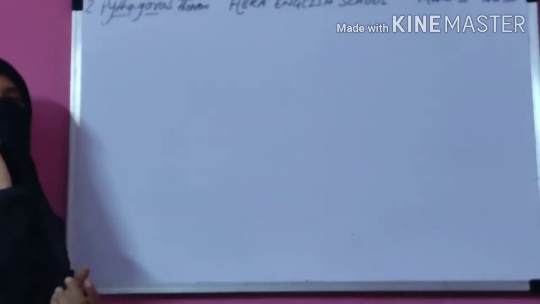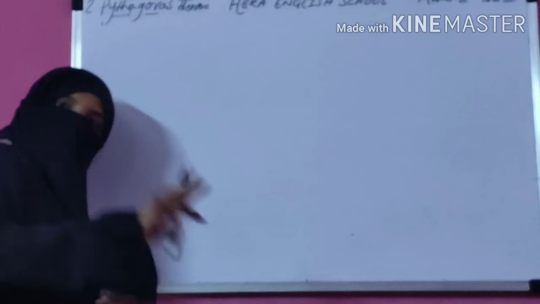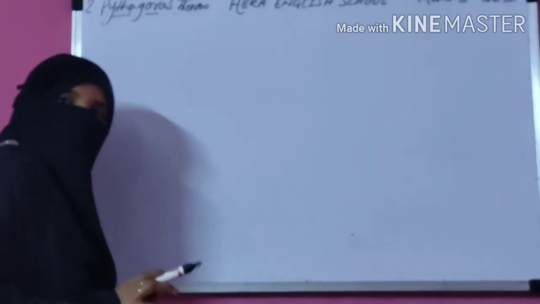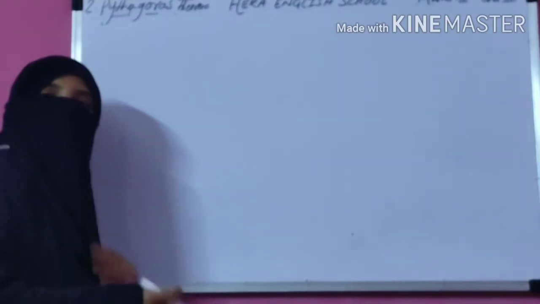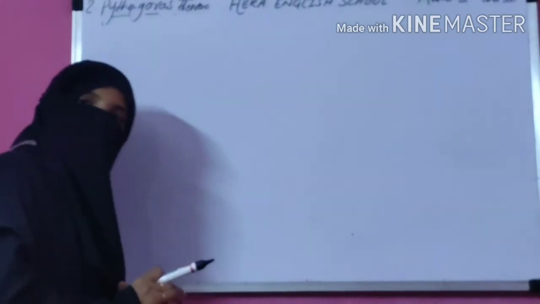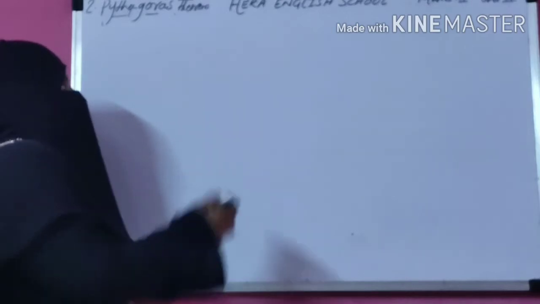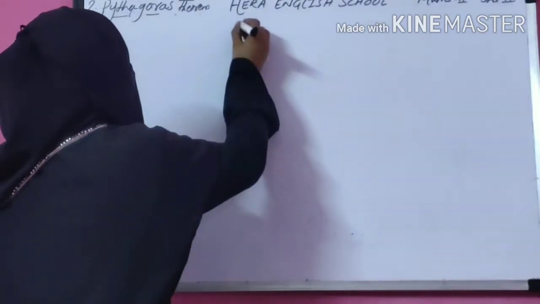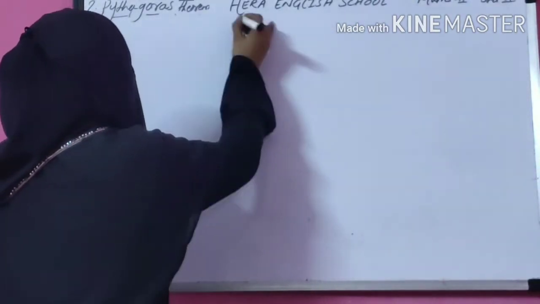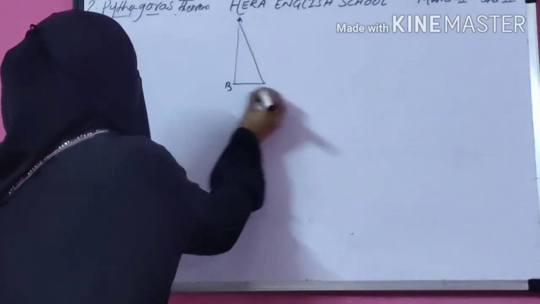So Pythagoras theorem is in a right angle triangle. In a right angle triangle, the square of the hypotenuse is equal to the sum of the squares of the remaining two sides. Suppose this triangle ABC is a right angle triangle.